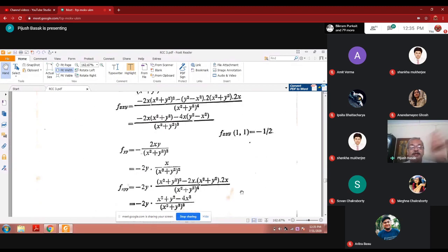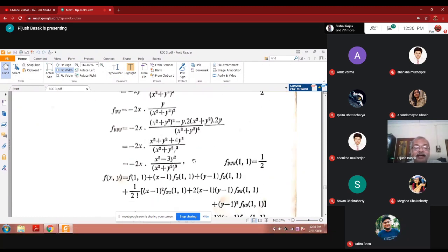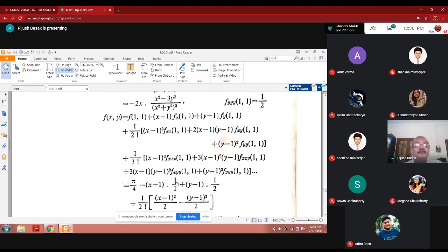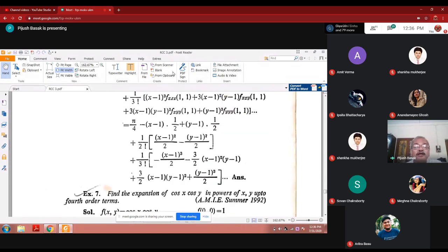After getting all these quantities, similarly, a lot of calculation. You have to get ready with the calculation and substitute in Taylor's theorem in the vicinity of the point (1,1). So the result is this: pi by 4 plus (x minus 1) into minus half plus (y minus 1) into half plus 1 by factorial 2 into (x minus 1) whole square by 2 minus (y minus 1) whole square by 2, plus 1/3 factorial of this.